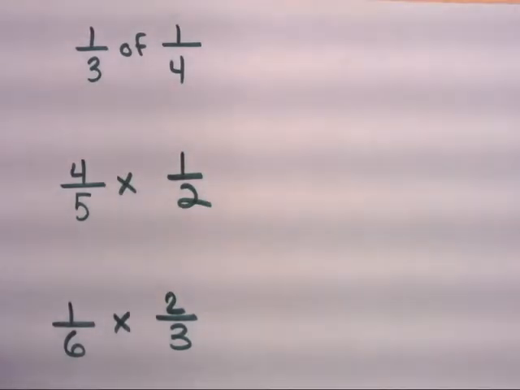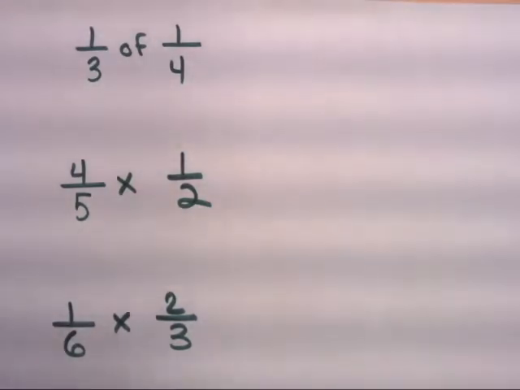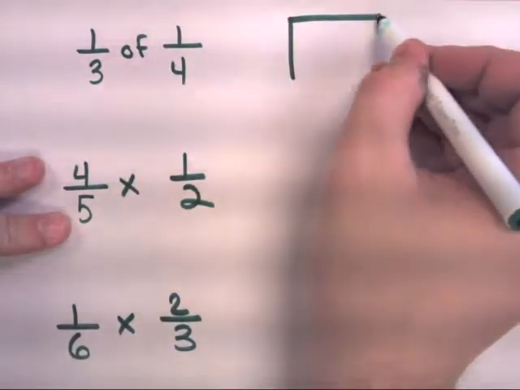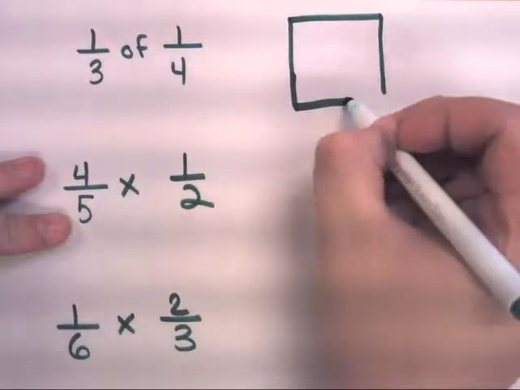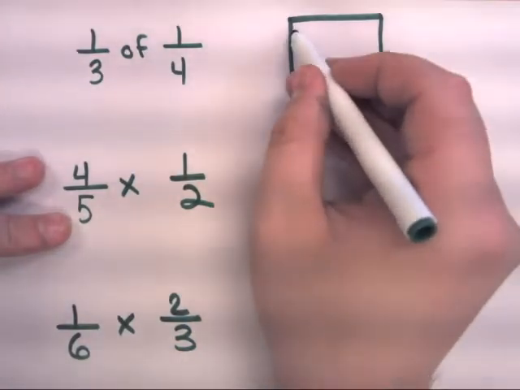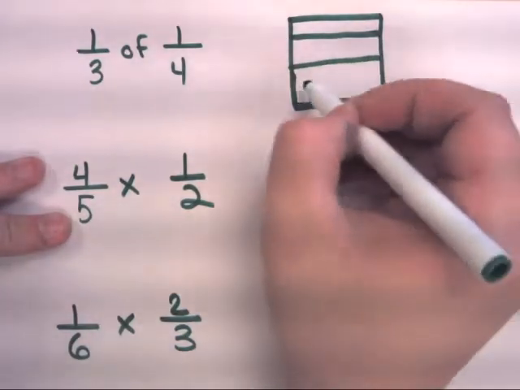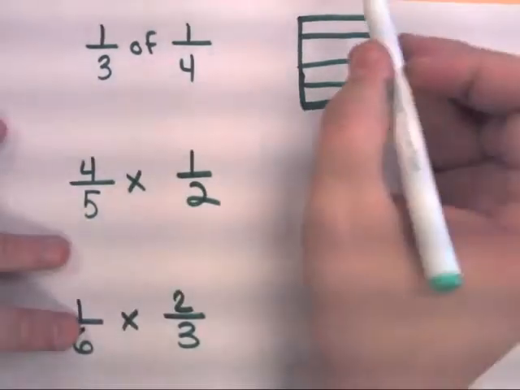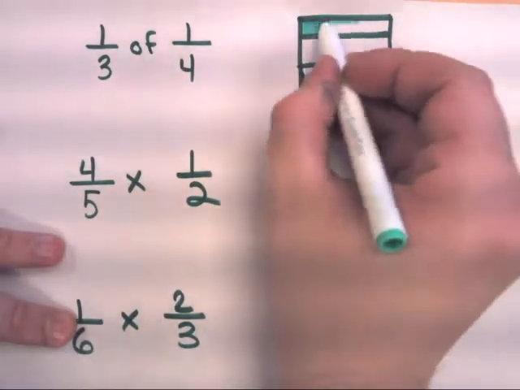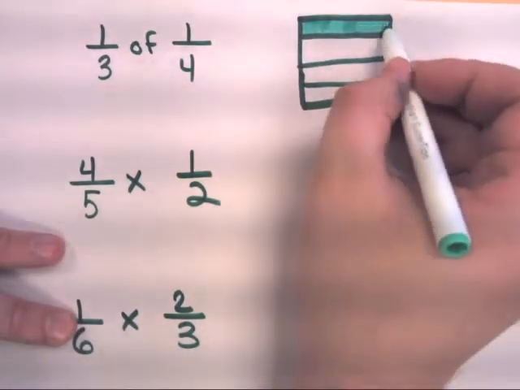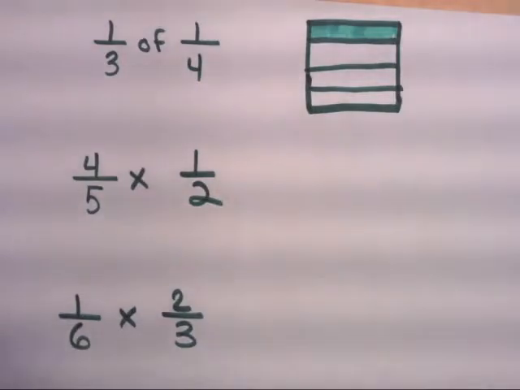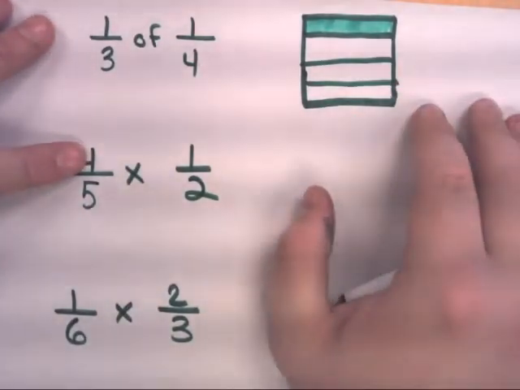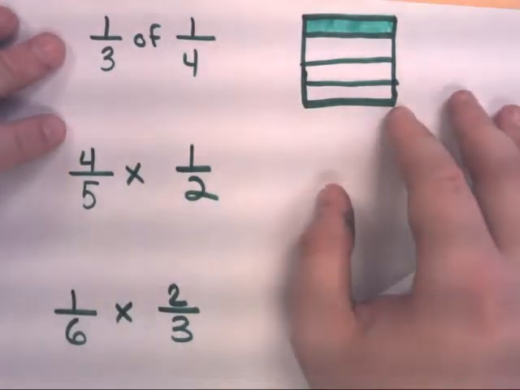All right, so I'm going to go over each of these. 1/3 of 1/4. I'm going to start by drawing a diagram, and I'm going to start by showing 1/4. Now my diagram is far, far from perfect. Ideally, these fourths should be exactly the same size, but even a crude drawing like this can help students understand what's happening.